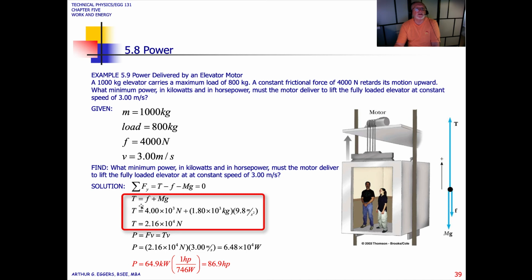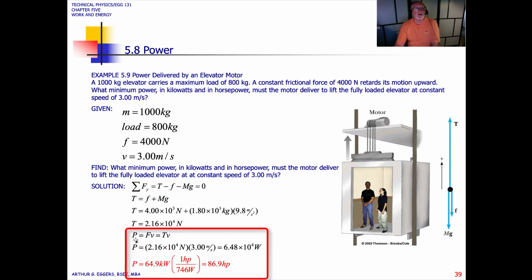So the tension is equal to 4,000 newtons, 4 times 10 to the third newtons, plus 1,800, the 1,000 plus the 800, so 1.8 times 10 to the third kilograms times the acceleration of gravity, 9.8 meters per second squared. From that, we have a tension in the cable of 2.16 times 10 to the fourth newtons. That's all of the tension in the positive y direction.